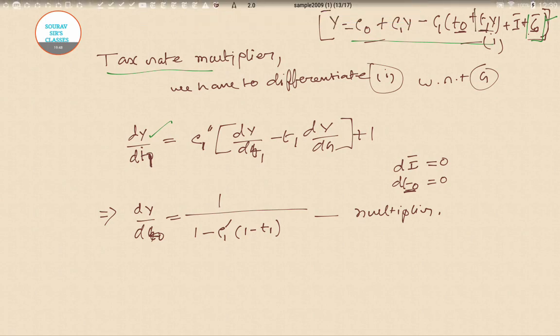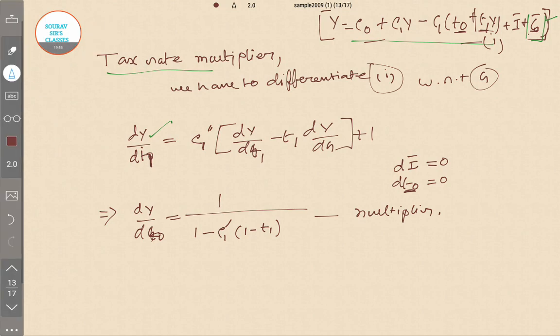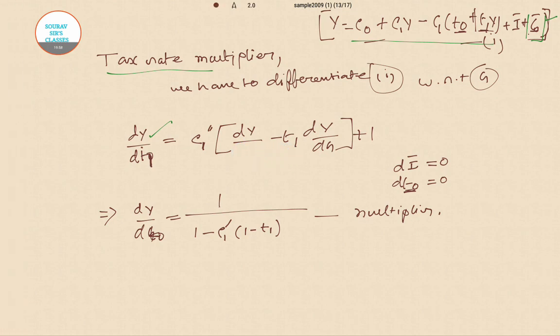This portion we keep T1 as it is, and differentiate dy by dT1. Similarly we keep this as common and differentiate the rest, and there will be plus 1 because these portions are basically 0.